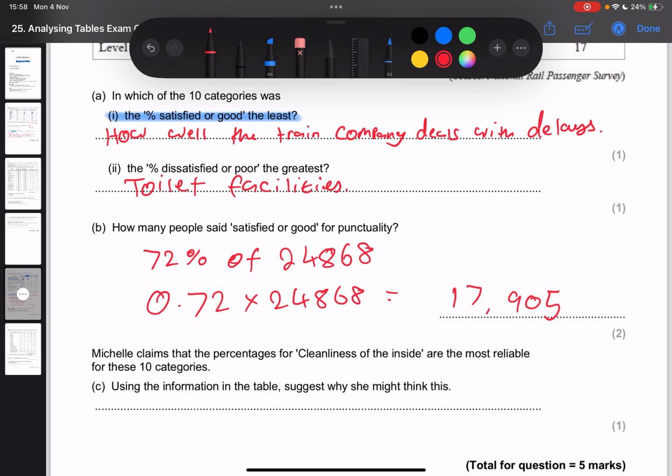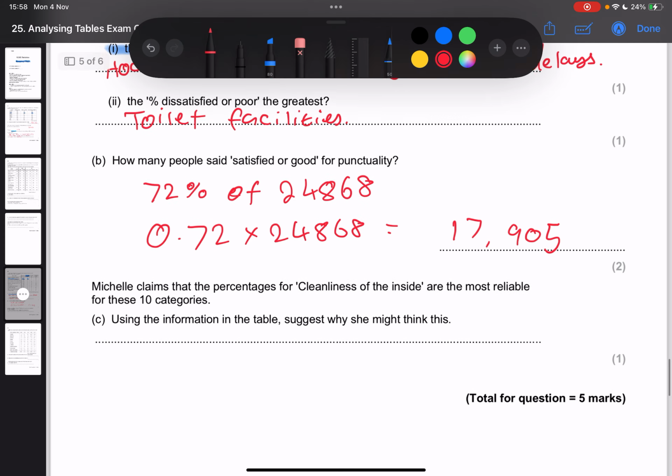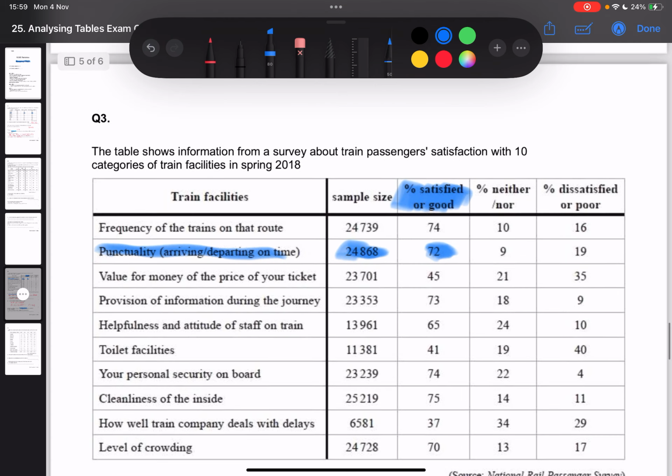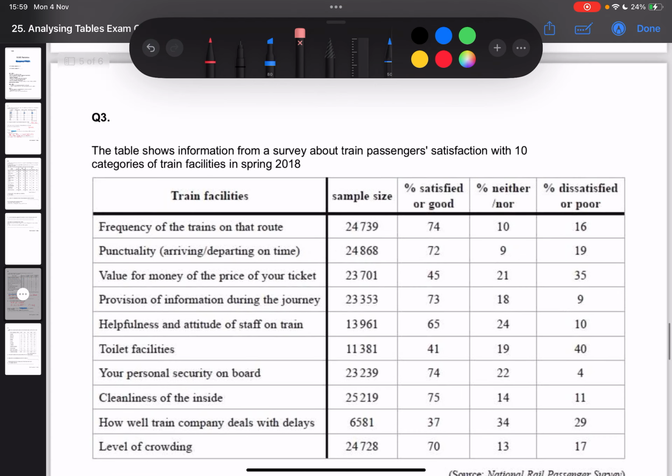And then we have part C. Michelle claims that the percentage for cleanliness of the inside are most reliable for these 10 categories. Using the information from this table suggests why she might think this.